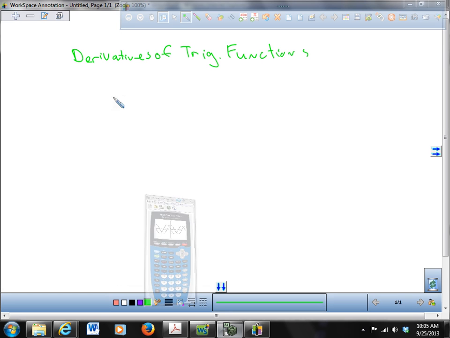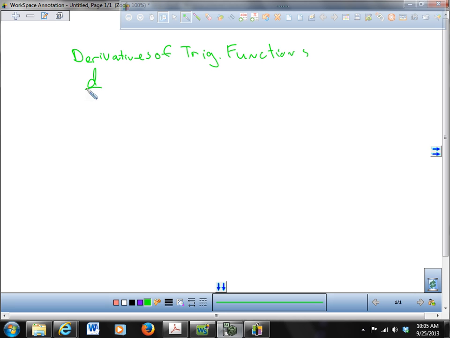So going back, what we say is that d dx of sine of x is equal to cosine x, and d dx of cosine x, even though it's not quite as intuitive, is negative sine of x.